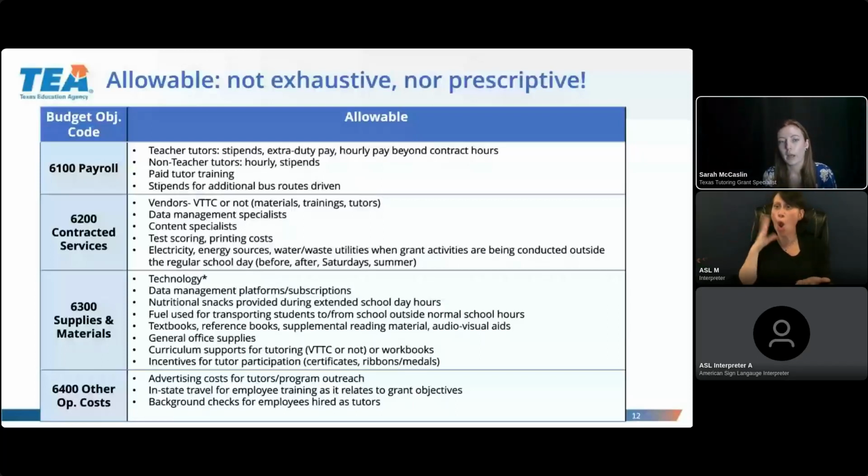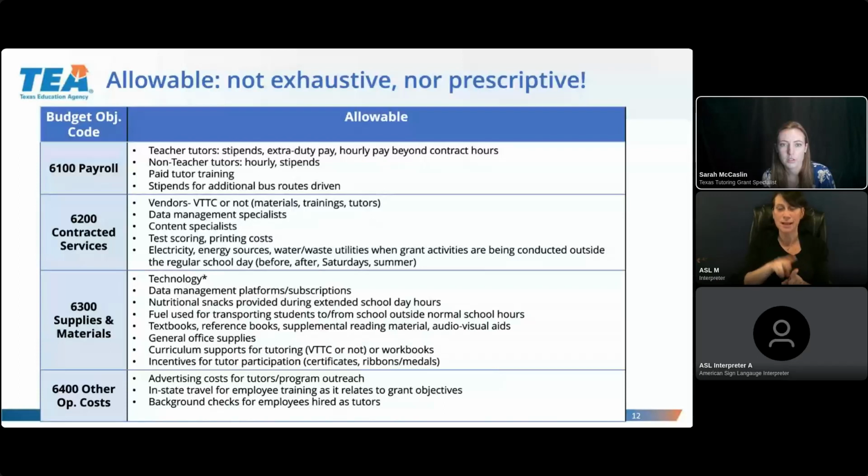But there are ways that this grant can help provide teachers with a sense of professionalism and with us taking them seriously and wanting to compensate them for the extra work that we know that we're doing. And so if you have a lot of teacher tutors and you're experiencing some of those burnout issues, come together as leaders and talk about if this Decision 6 grant can be used in this first bullet.